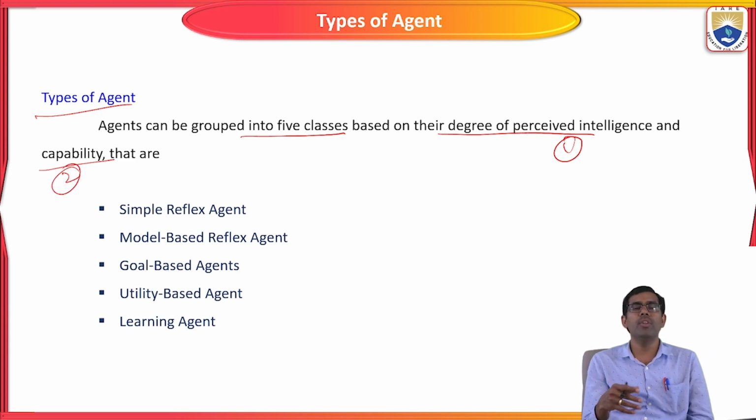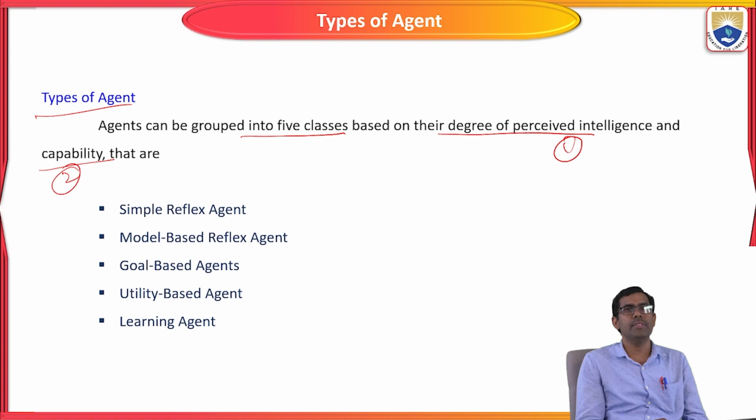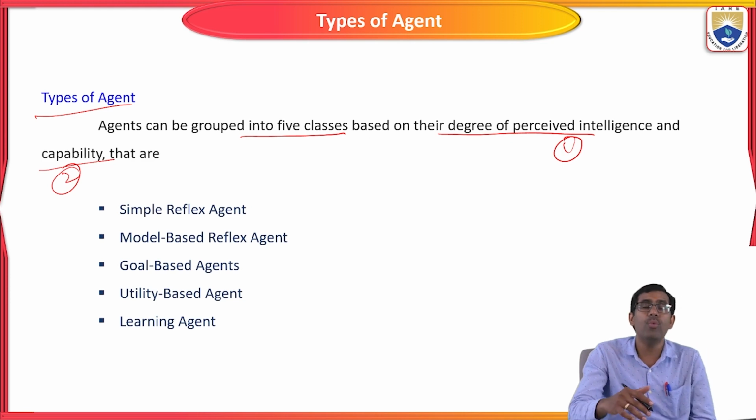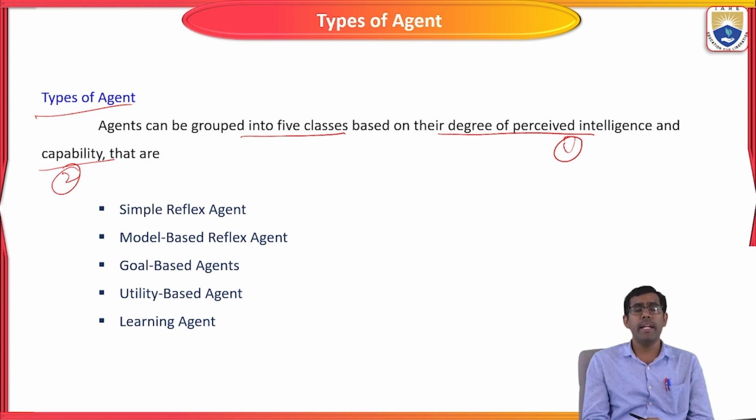That is, based on the environment, the intelligence of your agent, and the capability. The capability is the learning capability, or setting some goals for a particular problem statement.